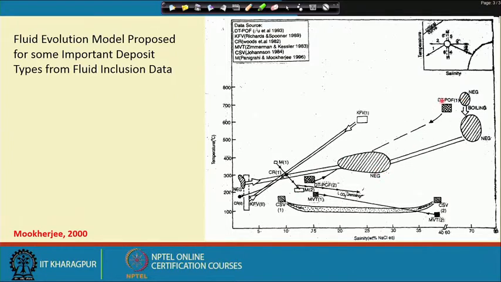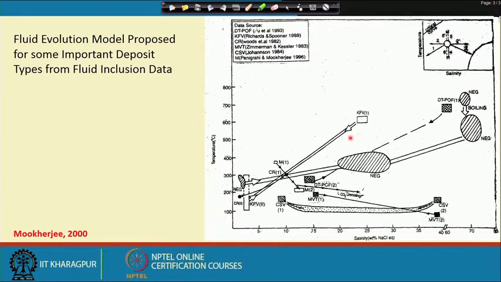And this box joining the Dachang polymetallic deposit, here also a mixing trend is established between a fluid with very high temperature and salinity and a fluid with very low temperature and low salinity. So these are the cases whose references will also be detailed in the handouts.